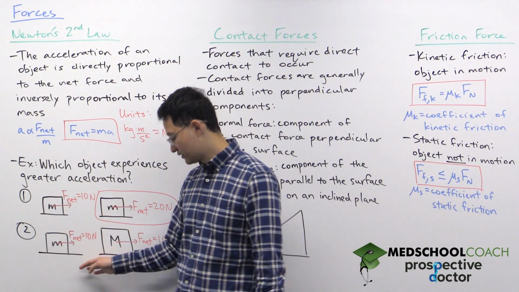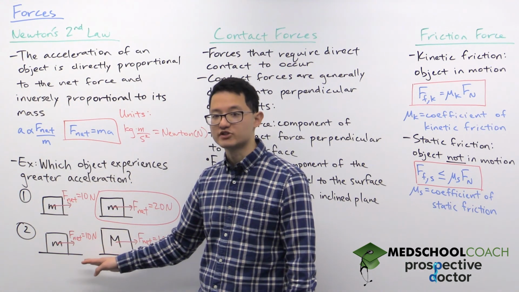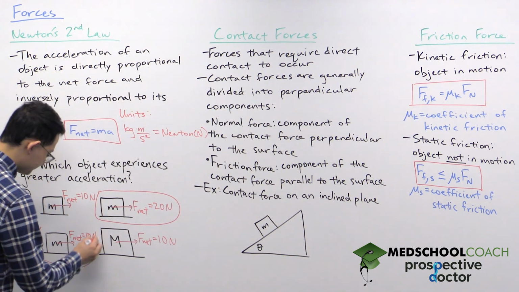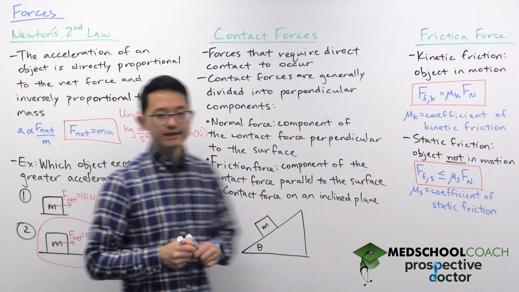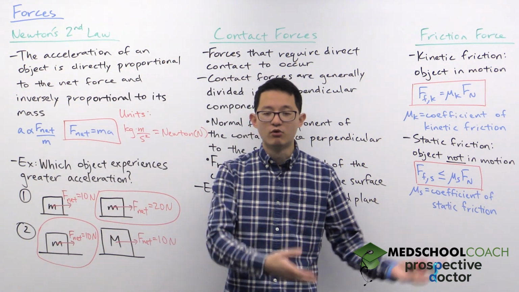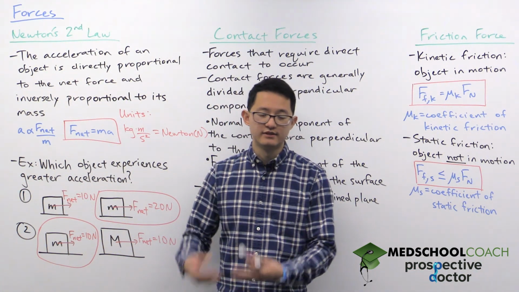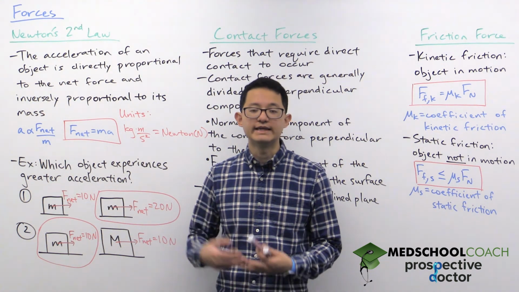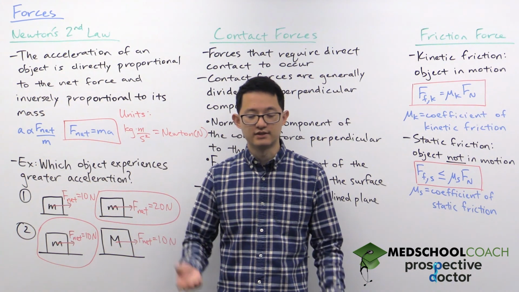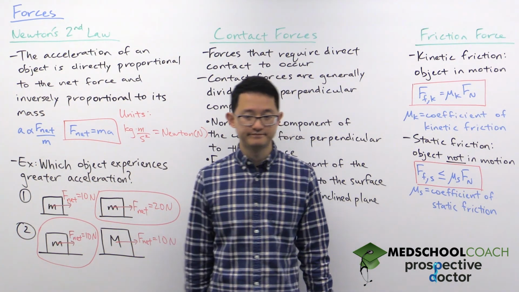So in this situation, the object that experiences greater acceleration is going to be the one with the smaller mass, which is the object on the left. Again, this isn't too surprising, because between pushing an object with more mass and pushing an object with less mass, the object with lower mass is going to be easier to push. So by applying the same force on both objects, the object with lower mass is certainly going to accelerate more.